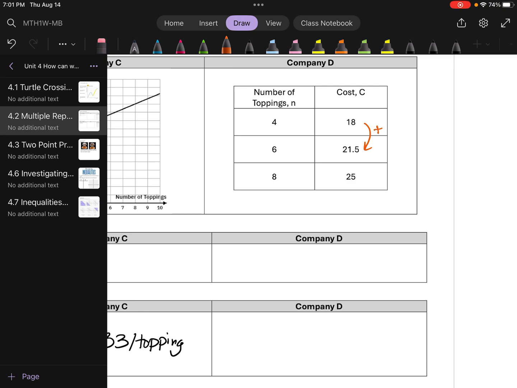It goes up by $3.50. And that's for 2 toppings. So if I want to figure out the cost per topping, I'm going to take my $3.50 and divide it by 2, which gives me $1.75 per topping.